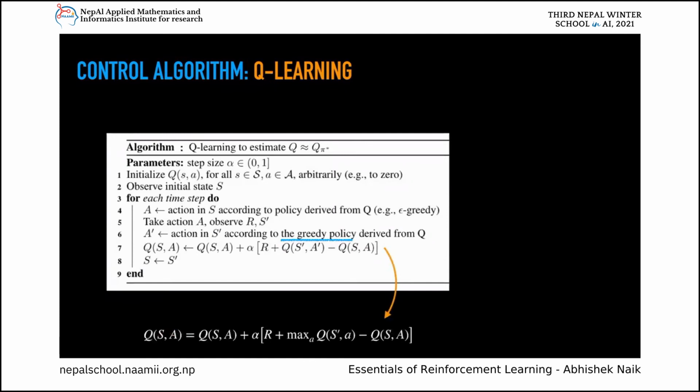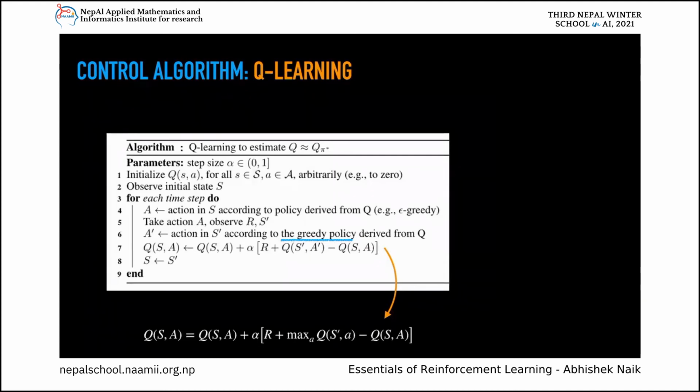Can I replace this Q of S prime, A prime by max over A of Q of S prime, A? Is that exactly what the greedy policy would give you? Yes. And so lines 6 and 7 are equivalent to this expression that we have written in white, and that is the Q-learning update.